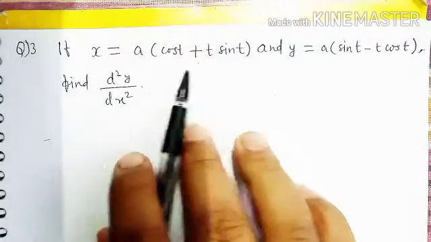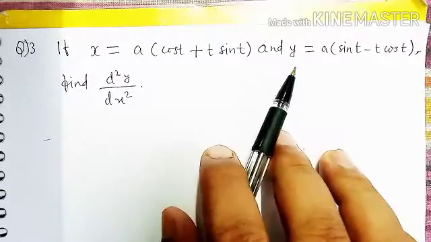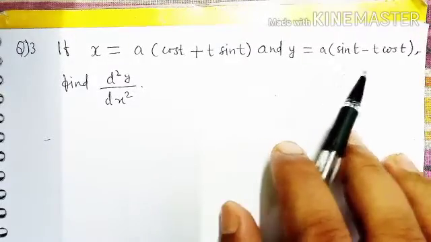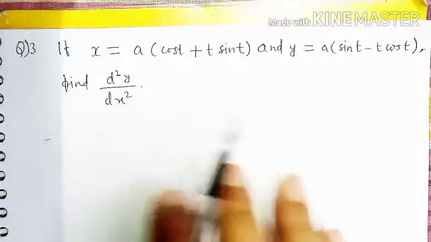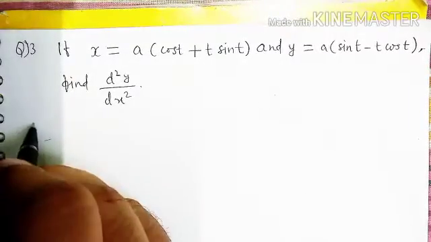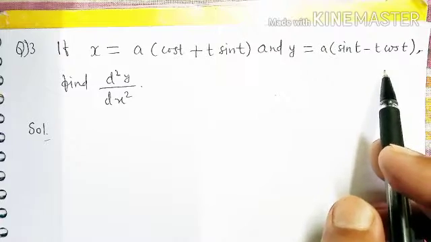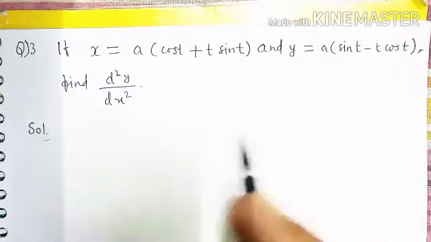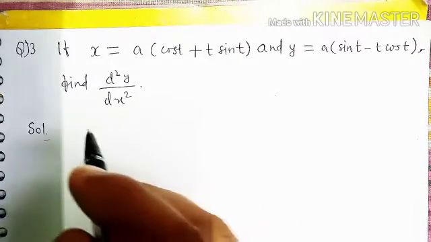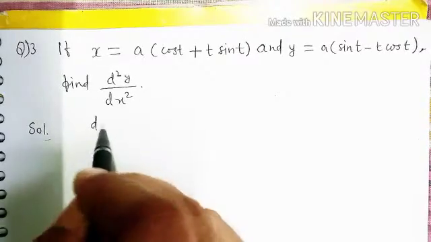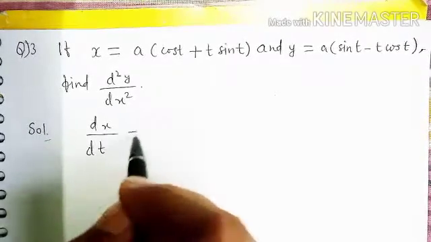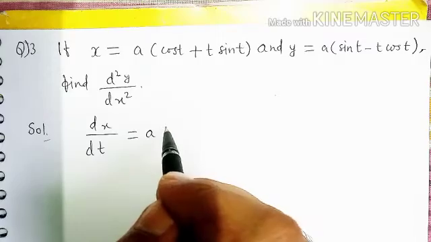If x is equal to a into cos t plus t sin t and y is equal to a into sin t minus t cos t, find d2y by dx square. Solution. This is a parametric form, so we have to find dx by dt. a is constant, it comes before.